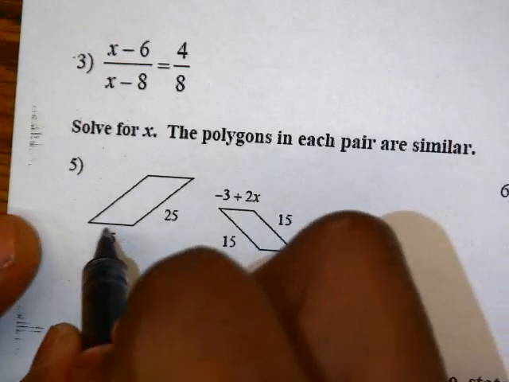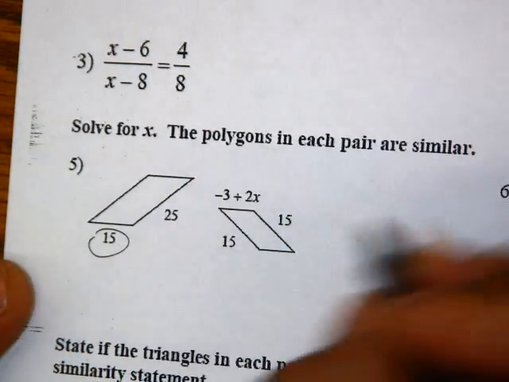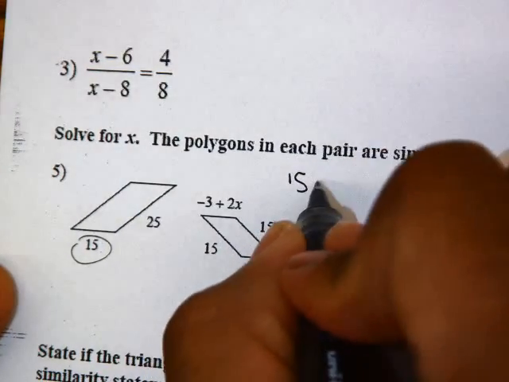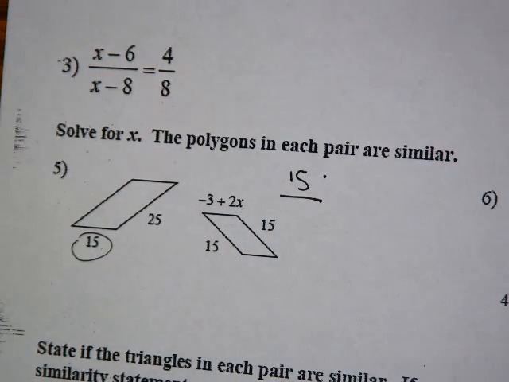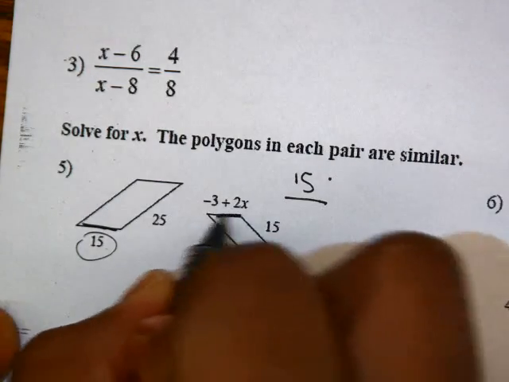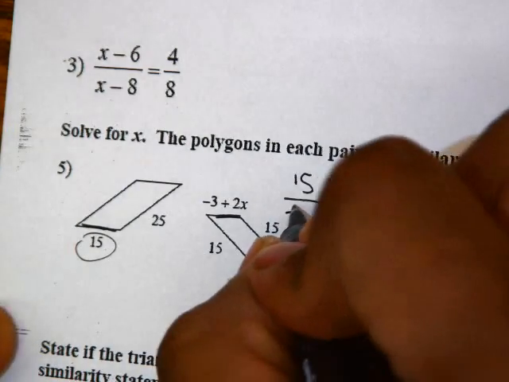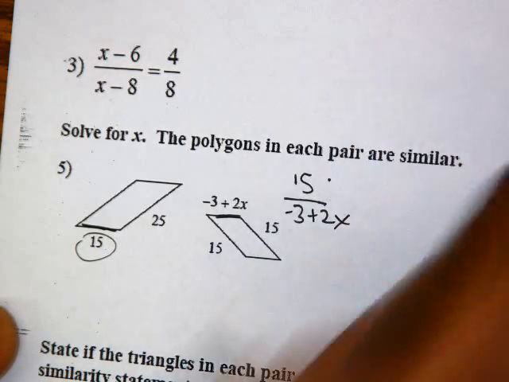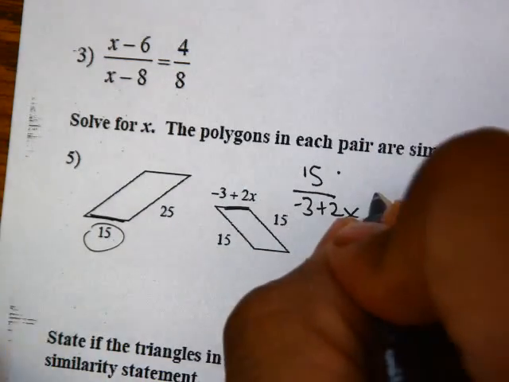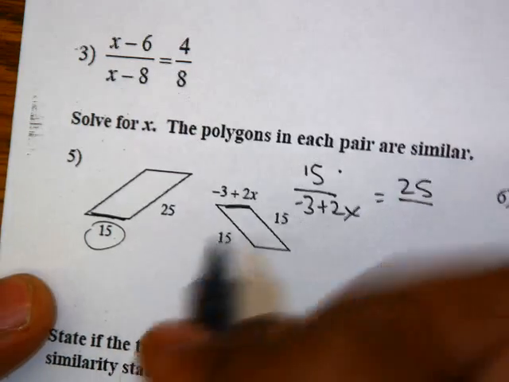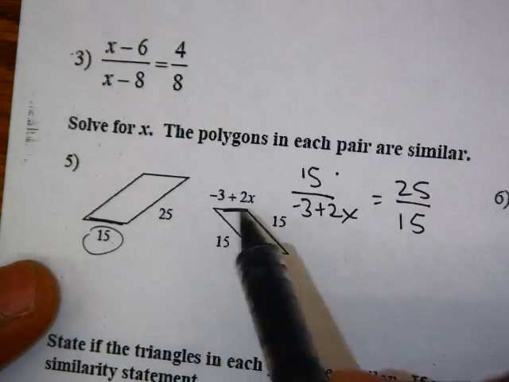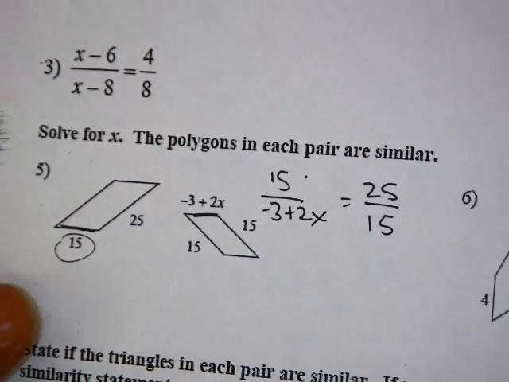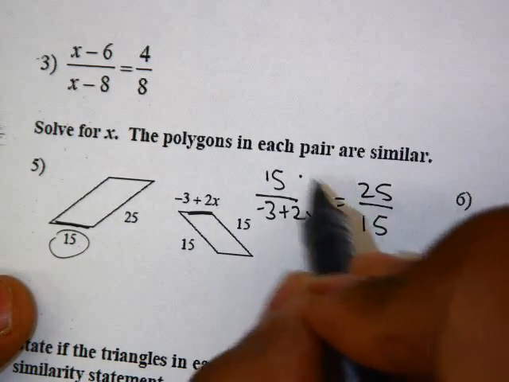So this 15 corresponds with that negative 3 plus 2x, because these are the shorter lengths on the parallelogram. That 25 corresponds to the 15. So these corresponding sides should be proportional like this. So we solve this using cross multiplication.